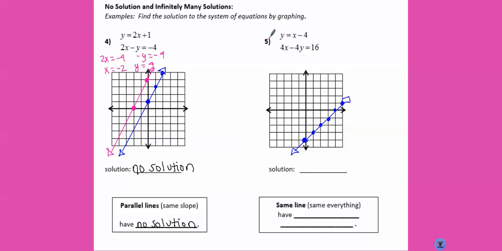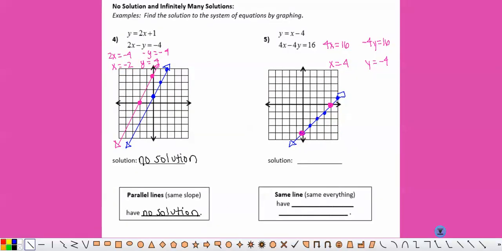For my second one, 4x equals 16, so x equals 4. -4y equals 16. And when I divide, I get -4. So I got that x is 4 and y is -4. And it turns out that we have the same line.